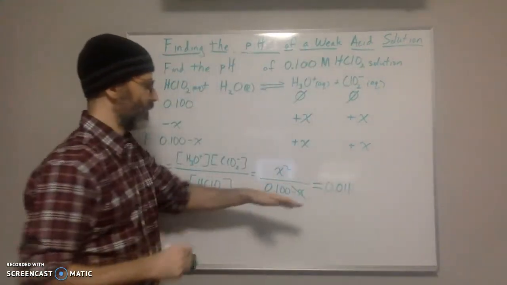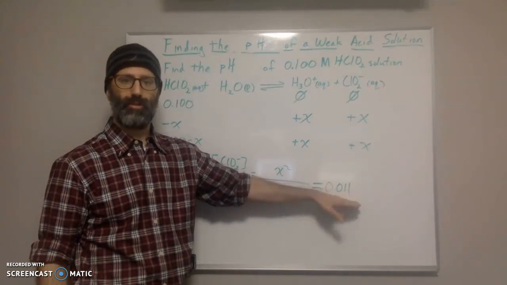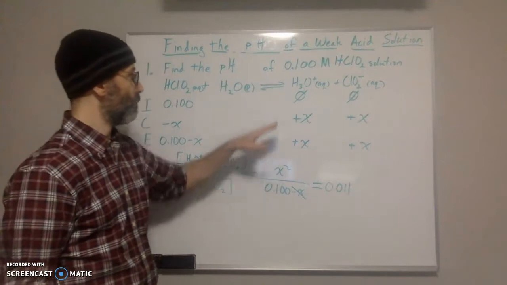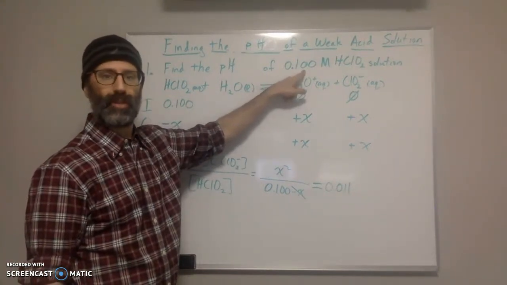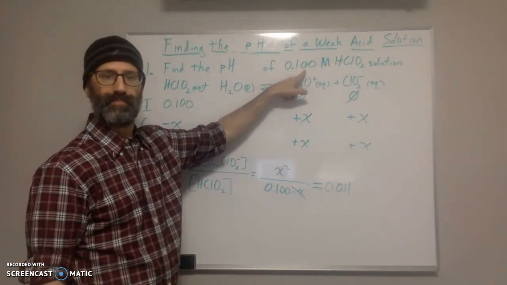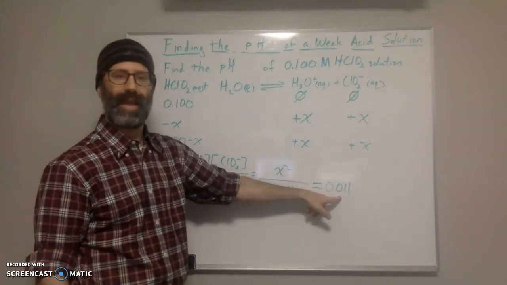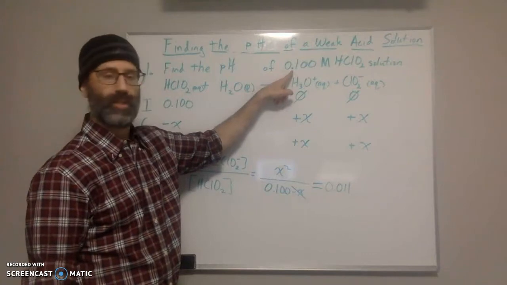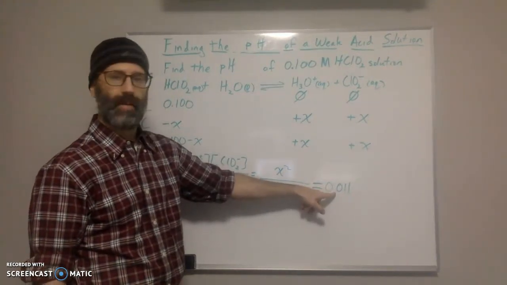So you can tell right away that this is not going to pass the muster with regard to the x is too small approximation, because when you compare the initial concentration of the acid to the Ka value, this is 1.0 times 10 to the negative 1. This is 1.1 times 10 to the negative 2.